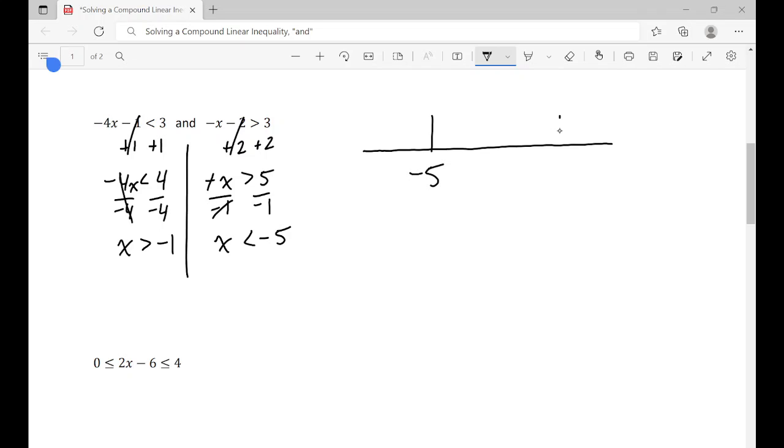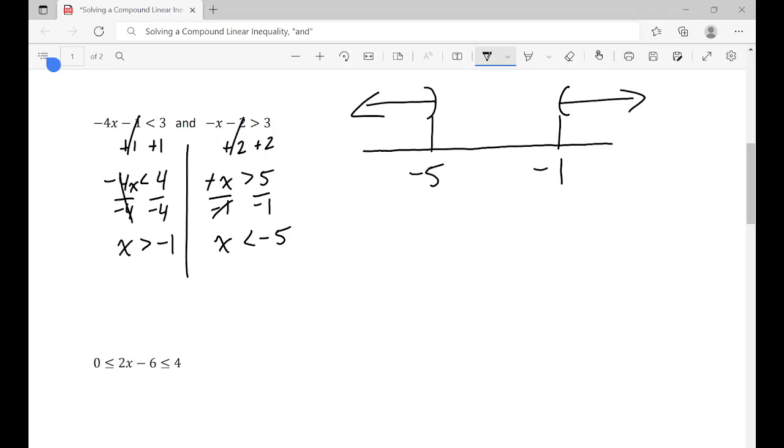Negative 5, and then negative 1. And so everything has to be less than negative 5, so negative 5 and to the left. So it's going to be a parentheses because it's not equal to, going that way. And then negative 1 has to be greater than it, again parentheses, going to the right.